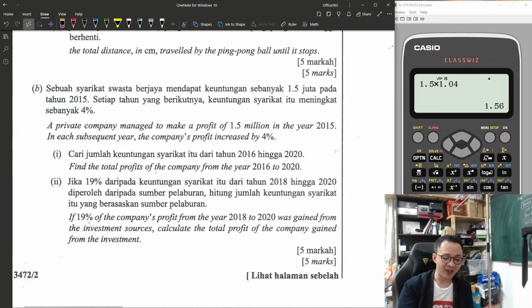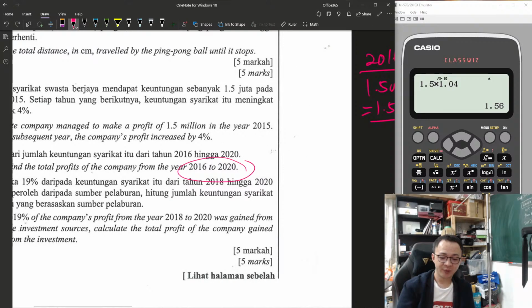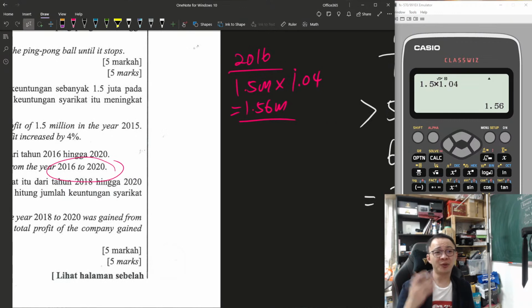Now they ask us to find the total profit. From 2016 to 2020 is 5 years: 2020 minus 2016 plus 1. This is the formula. So I want to find S5.